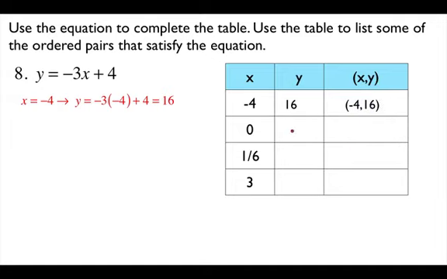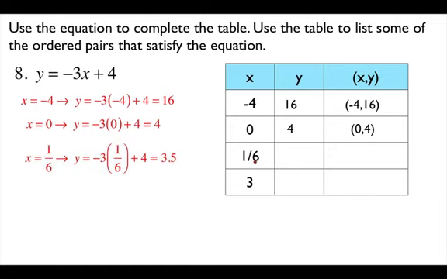For the next y value, same process. Where I see an x, I am going to plug in 0. This is what I get. I know that this becomes 0, and that's why it is equal to 4. Y value is 4, ordered pair is 0, 4. Keep going. Now x equals 1/6.